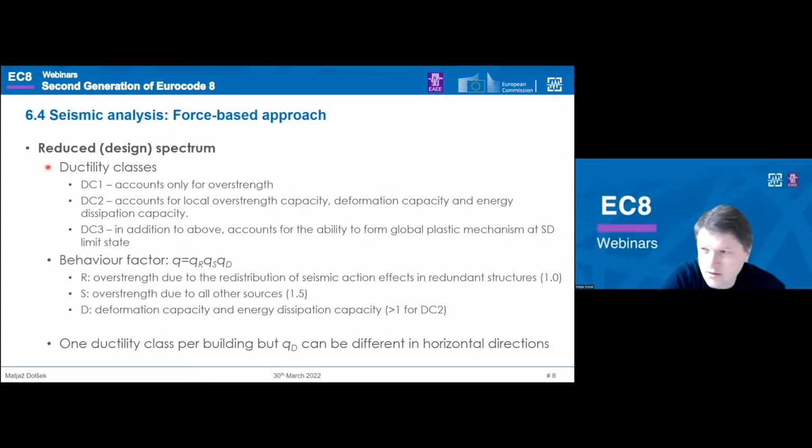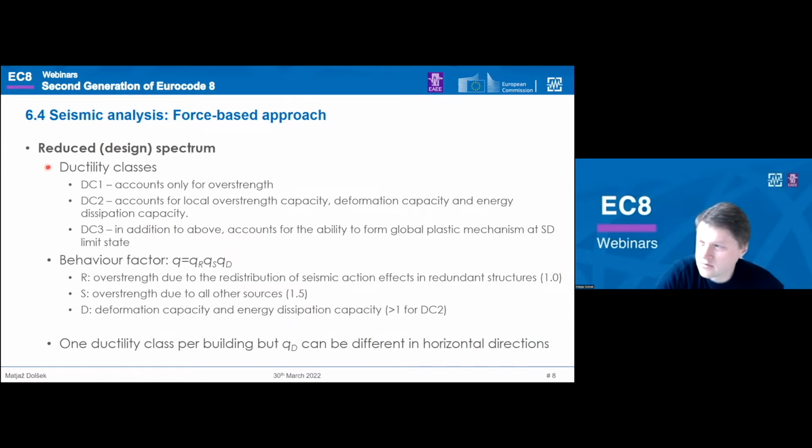So there are 3 ductility classes, DC1, DC2, and DC3. There is a difference in comparison to the current code. To very roughly describe the difference, DC1 is very similar to the ductility class low, DC3 is very similar to the ductility class medium, while DC2 is something in between.